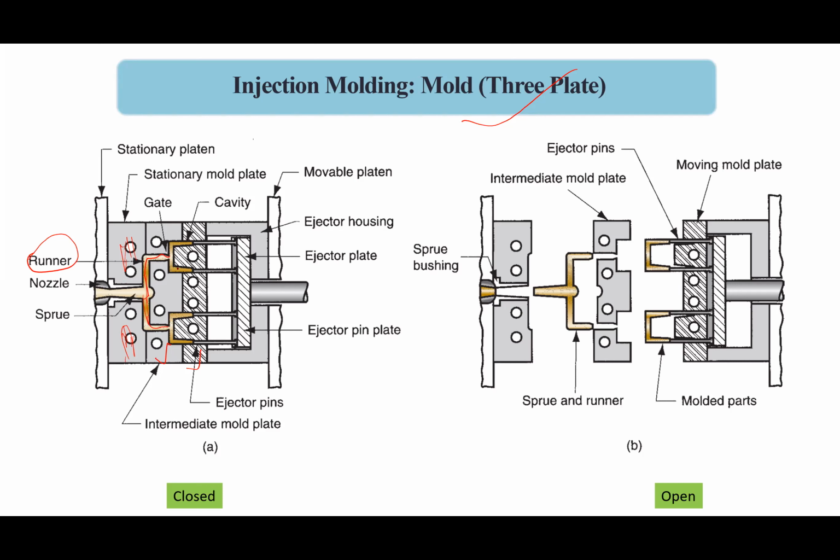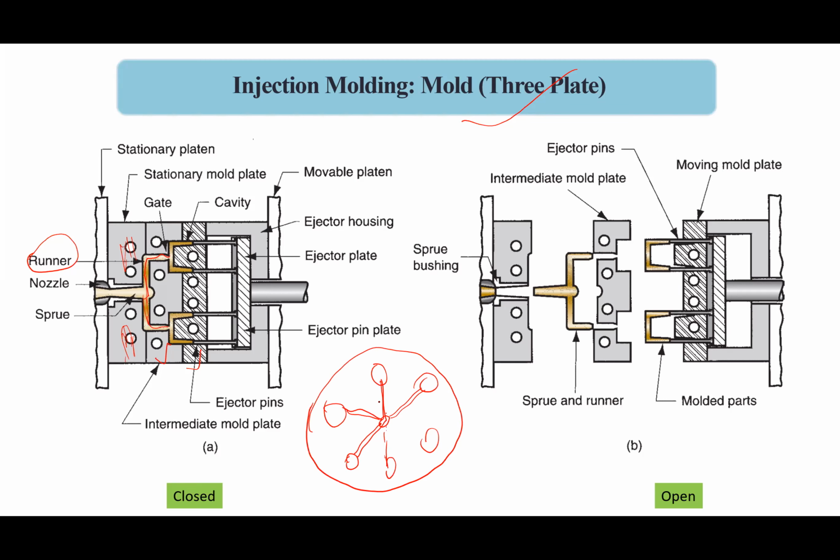The benefit of using three plates is that when you make a mold with several parts in several places, using a two-plate mold directly is very difficult for the material, and it creates a lot of defects. We'll discuss some defects also.